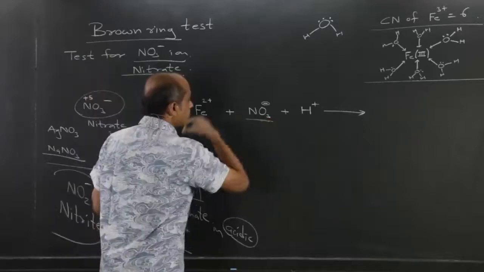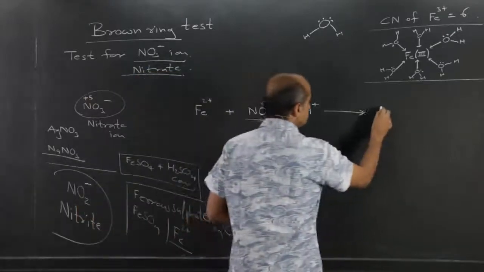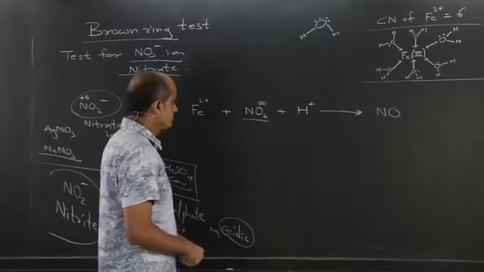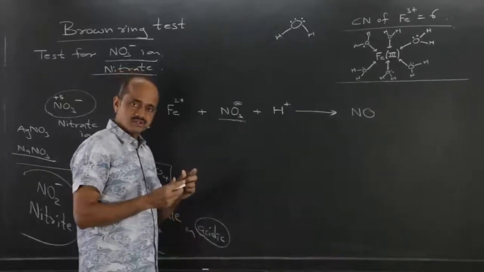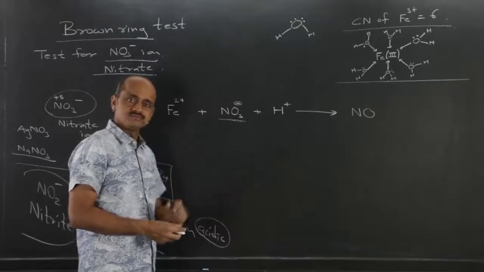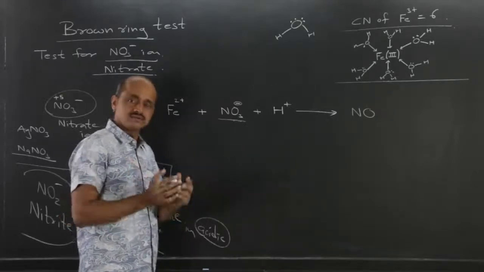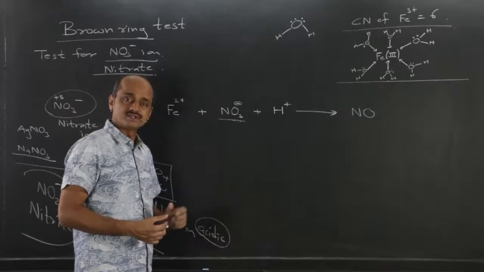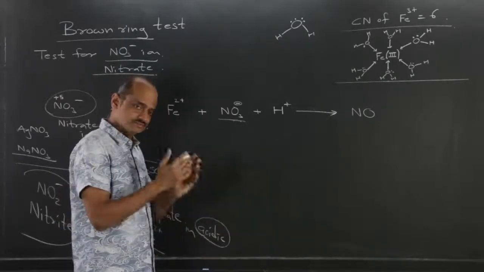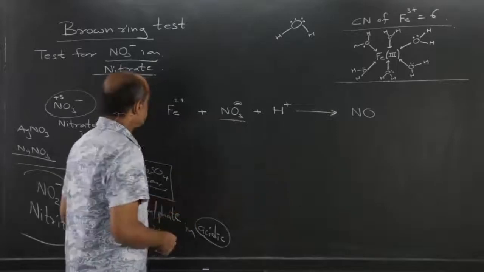It converts the nitrate group into NO, nitric oxide. So chemistry should be studied in bits, basics, and then all the separately studied bits or basics should be gathered and used together.